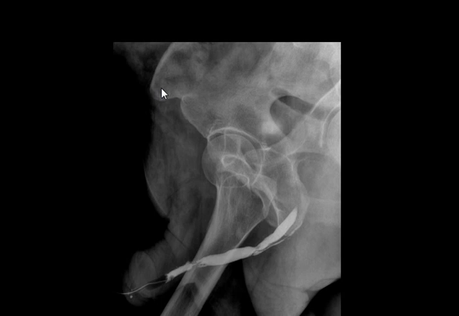How much will you push? 300 cc? The bladder itself can only take 300 cc. About 15 cc. And what do you see here?